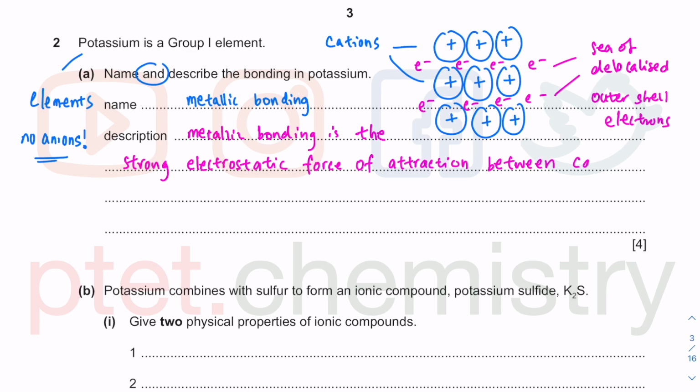These are between the cations and also the sea of delocalized valence electrons. The valence there refers to the outer shell, so you can use either word interchangeably. And these are electrostatic. So these are strong attractions. So describe the bonding. Well, that's it really. I cannot say anything more than that.